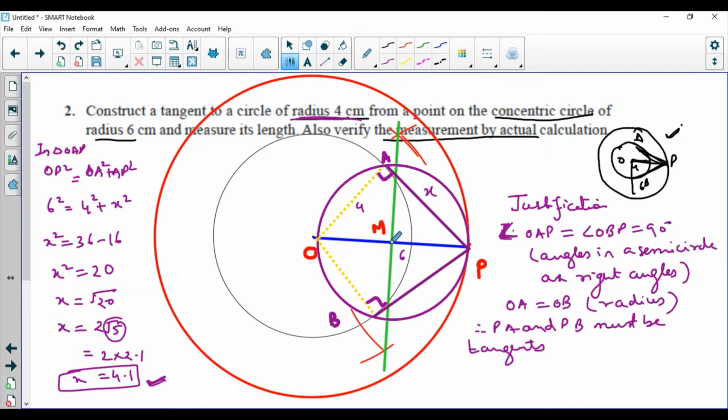Let the perpendicular bisector meet OP at point M. Taking M as center and MO as radius, draw one more circle. This circle will meet the circle of radius 4 at 2 points. Let those points be A and B. Join PA and PB to get the tangents. So step by step you can write the steps of construction.